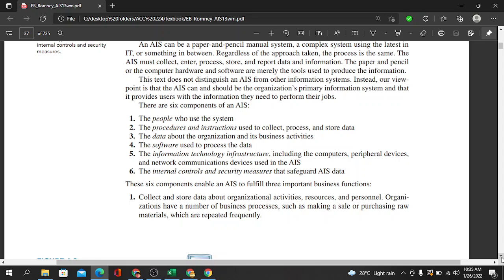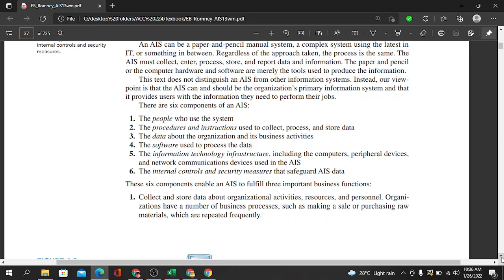There are 6 components of AIS: the people, the procedures and instructions, the data, the software, the information technology infrastructure, and internal controls and security measures. So, what do you think? Within these 6 components, is there a superior one, or is there no superior between these 6?